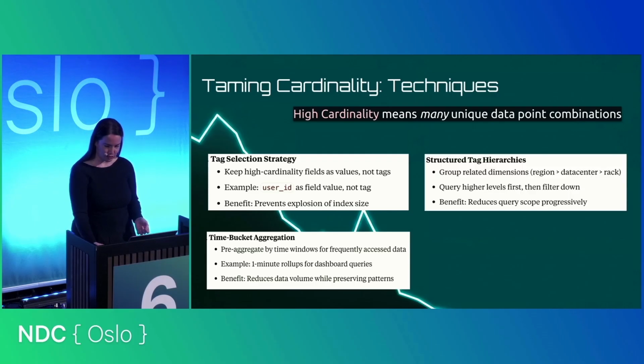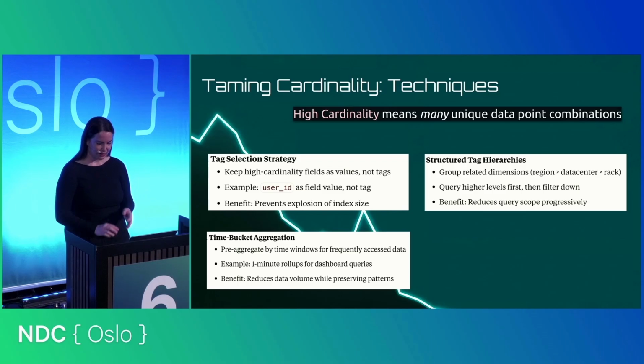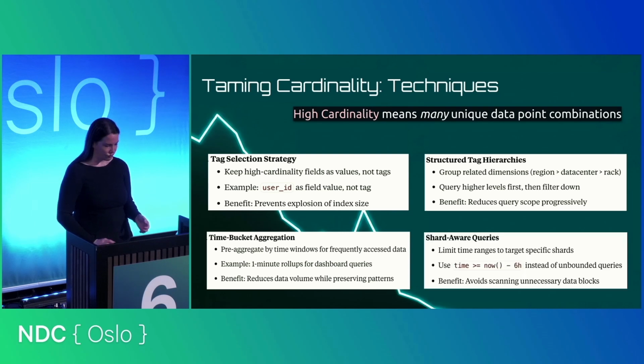Third, you need to use time bucket aggregation. Pre-aggregate your data by time windows for frequently accessed data, maybe doing one-minute roll-ups. And fourth, write shard-aware queries that limit time ranges to target specific shards.